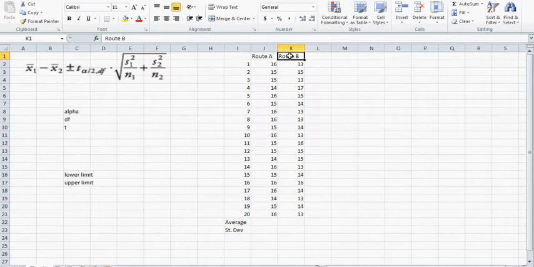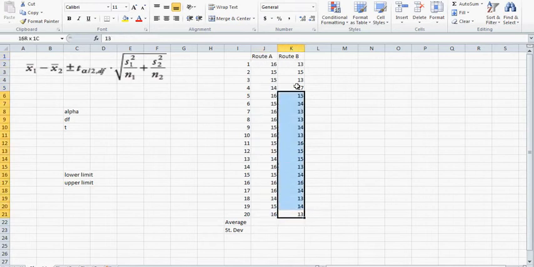So what I've done here is hypothetically recorded 20 times going route A and 20 times going route B, mixing that up appropriately to ensure enough randomness. Basically the point of this is we want to see which one's actually faster.